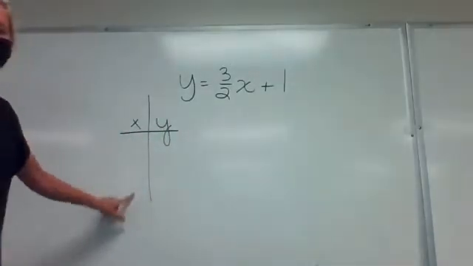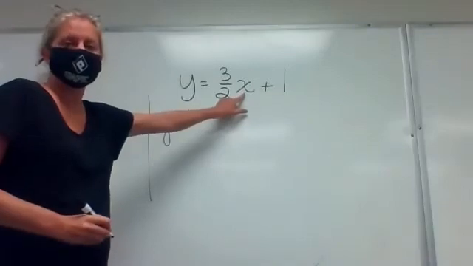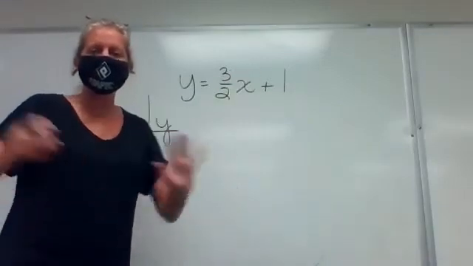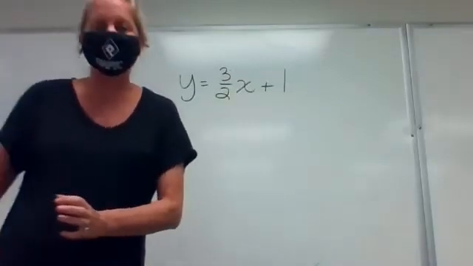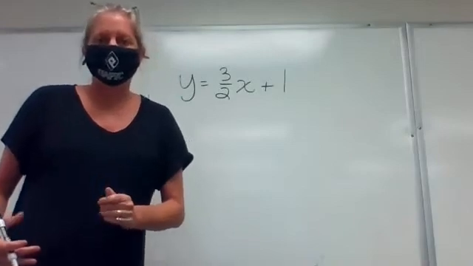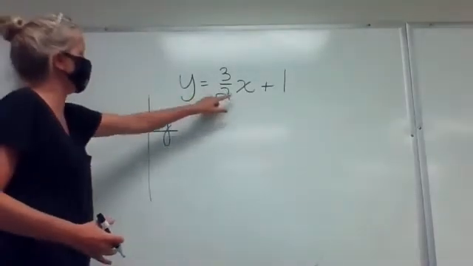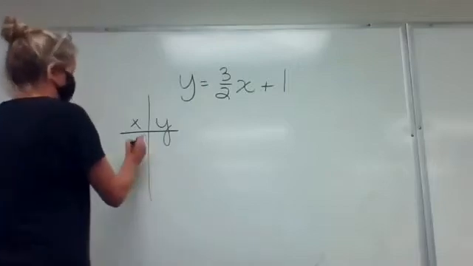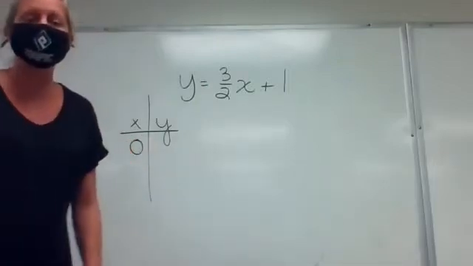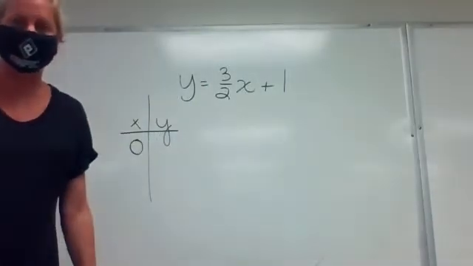Okay, now we're going to be plotting points. We're going to make ourselves this little XY chart, and we're going to choose numbers to plug in for this X. When we plug that number in for X, it's going to give us the Y that goes with it. The first number I always choose to plug in for X is 0, because usually it just makes the math easier.